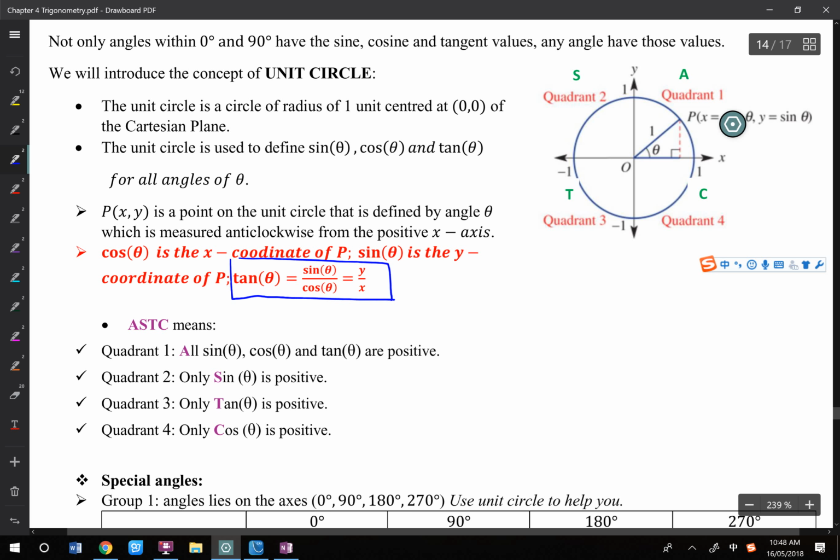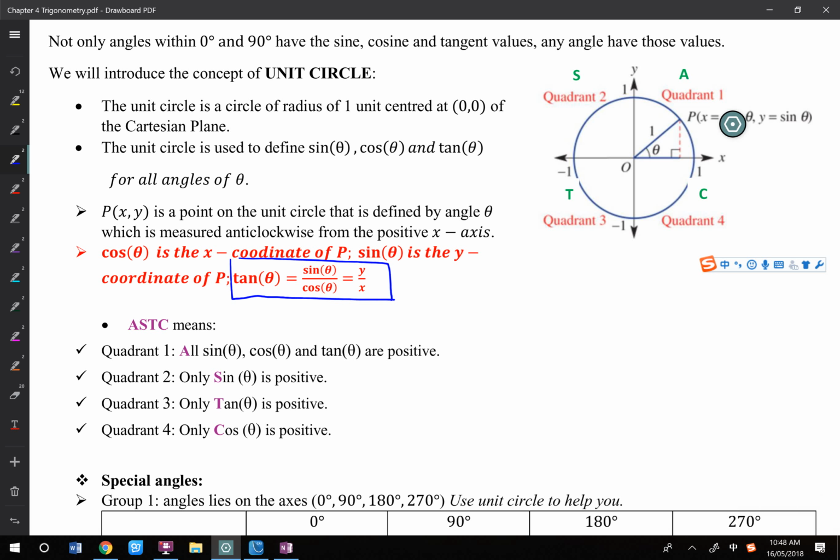Tangent x is always sine x divided by cosine x. For example, tangent 30 degrees will be sine 30 divided by cosine 30.